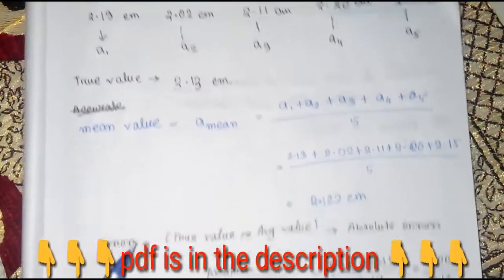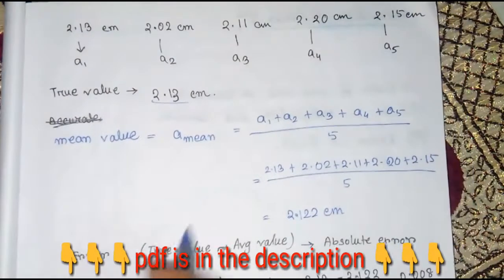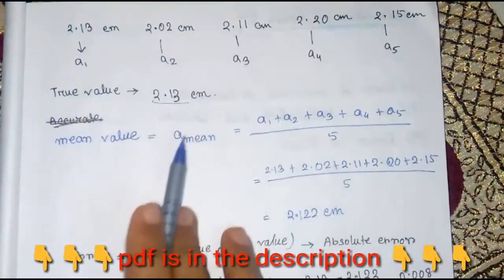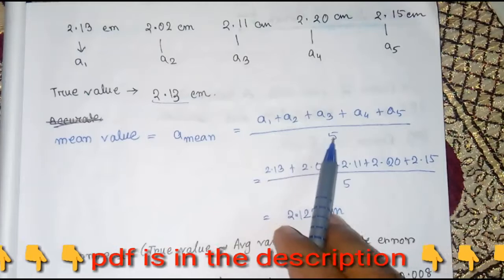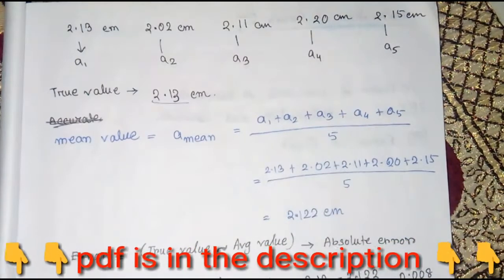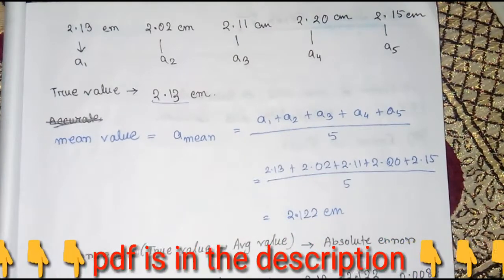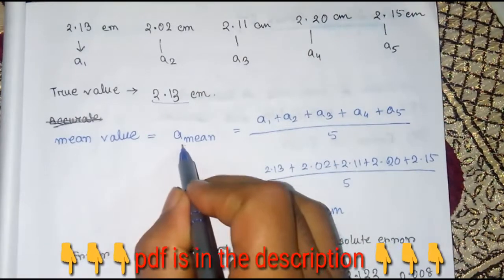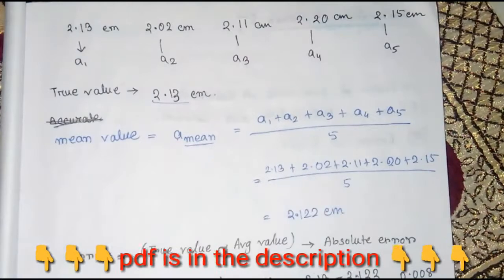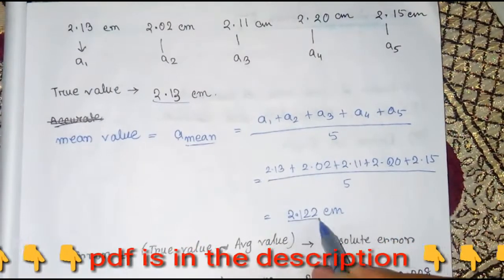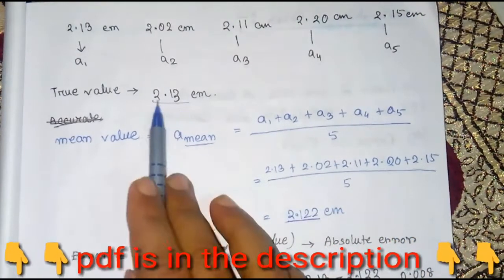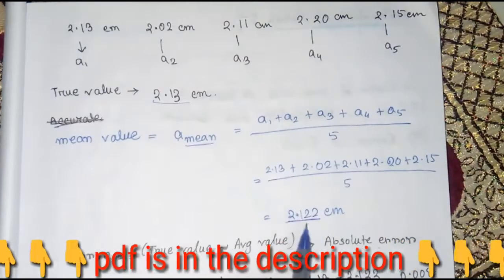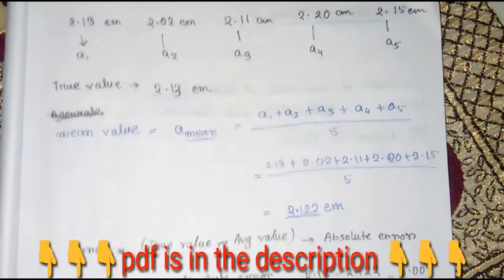So we have to average those values. How to do this? Just add those values and divide by the number of observations. We call this average value the mean value. It comes to 2.122, and this is the measured value.